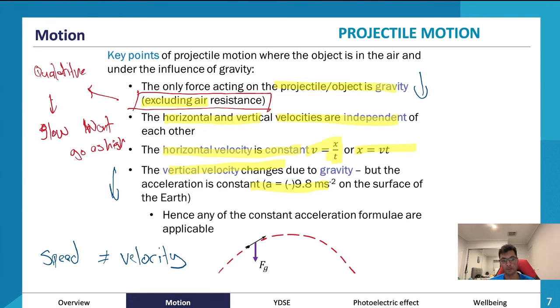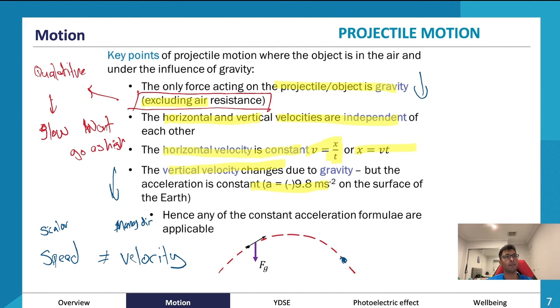Some questions will ask you to calculate the speed of the projectile when it finishes its trajectory. We know speed is a scalar value, whereas velocity has a magnitude and a direction. So if you're ever asked to calculate the speed, it wants the scalar.